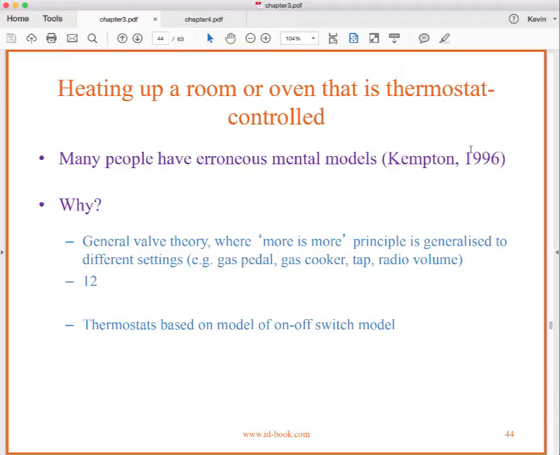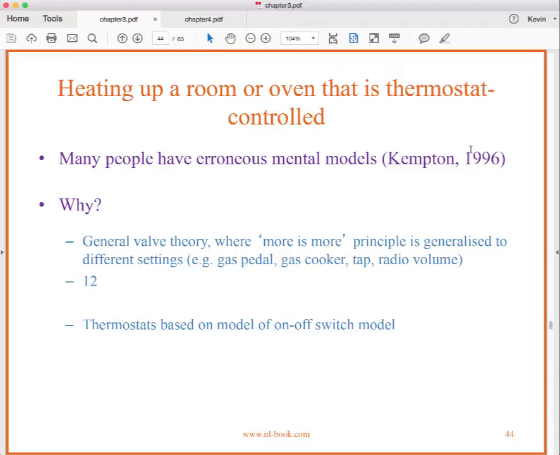So why do people have the wrong idea about thermostats? Well, they think that there is a variable valve, right? So they think that the amount of heat that's supplied is variable, not constant, and that if you set it higher, it will apply more heat.